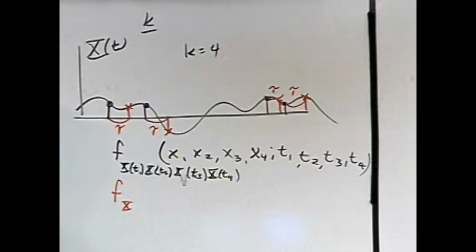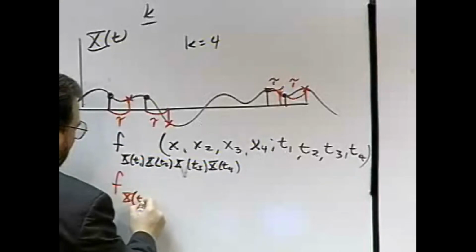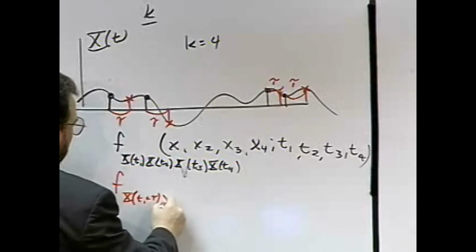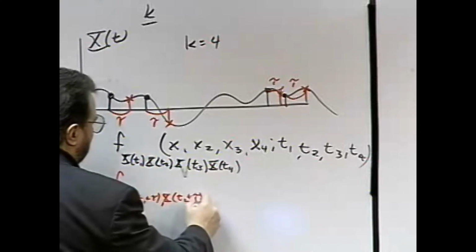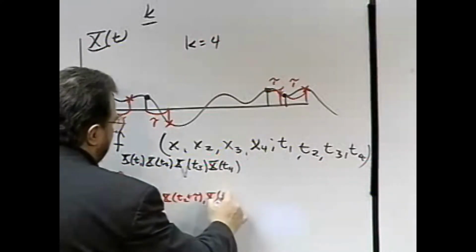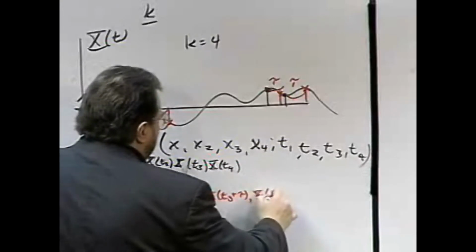Okay, so that's the result here. Now, when we move this over, this is going to be x of t1 plus tau, x of t2 plus tau, x of t3 plus tau, x of t4 plus tau.